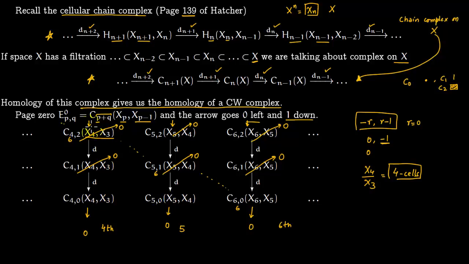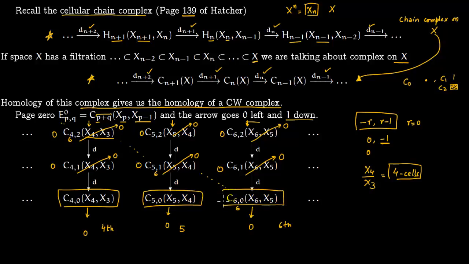So once you start taking homology of this to go to page 1, you have to take homology of this, so everywhere you will get 0. You'll get 0 here, 0 here, and this will just remain as such. So on page 1 you will just get these groups, which we are going to rewrite as the corresponding homology groups.